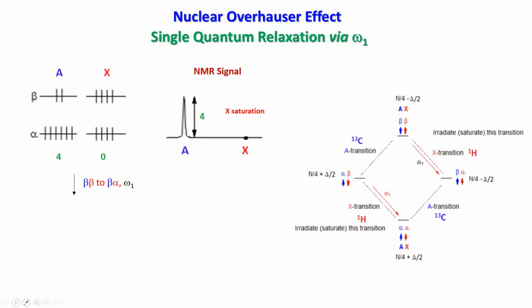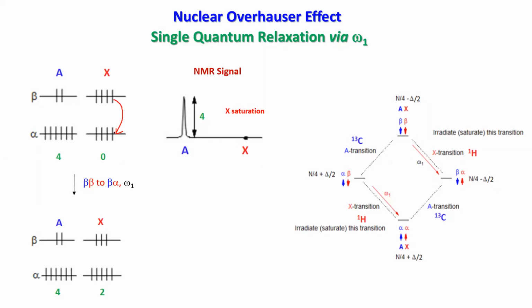Now if you do that, what will we have? Say one of these nuclei is jumping here. What will be the situation? This is the route from beta beta to beta alpha.